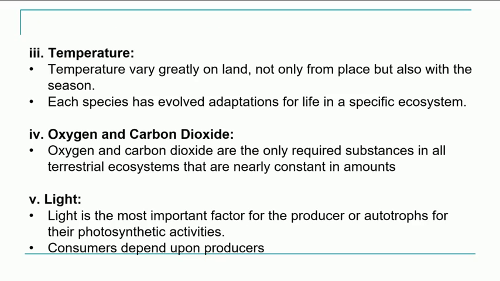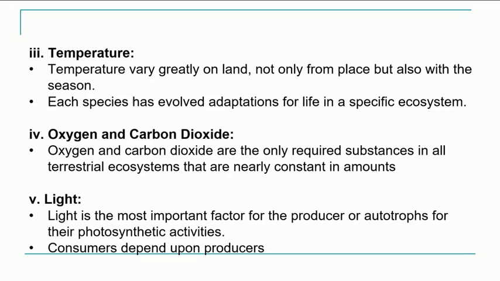Now the third important abiotic factor is temperature. We know that on land, temperature varies greatly, not only from one place to another, but also across the various seasons. We have different seasons in which temperature changes, and each species has evolved with certain adaptations for living in a certain ecosystem.